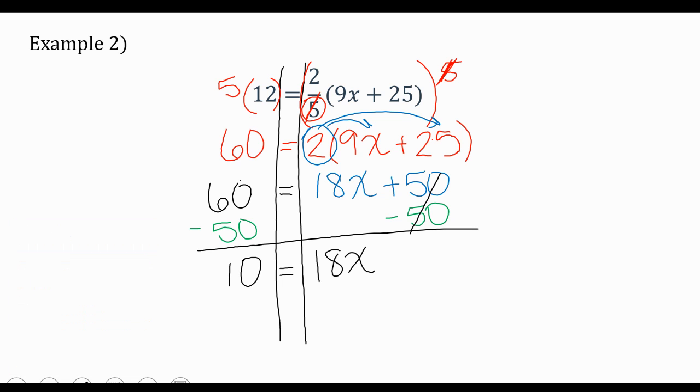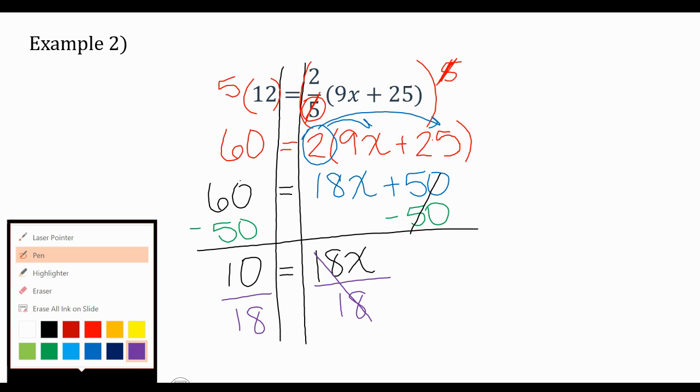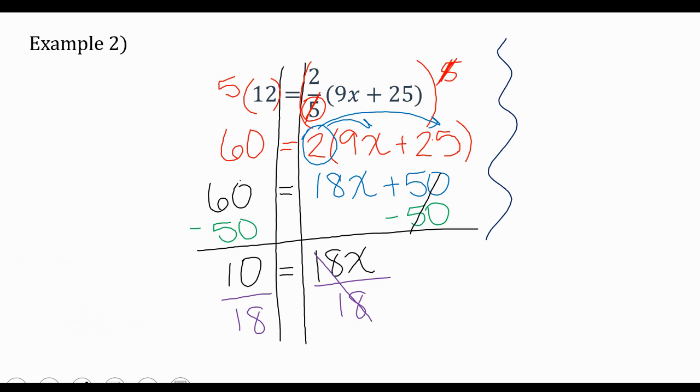Last step, get that variable isolated. So we're going to divide by the number in front of it. Those 18's canceled. Now we have 10 over 18, which is not a simplified fraction. So we're going to simplify it over here. 10 over 18. Think of the largest number that can go into both of these. And the largest number that can go into both of these is 2.